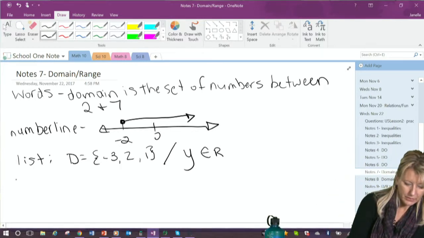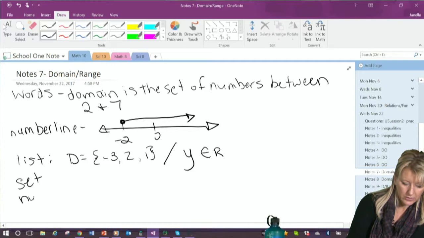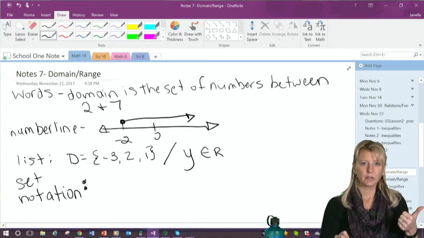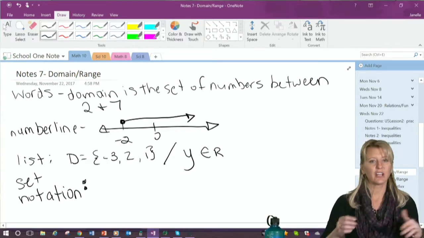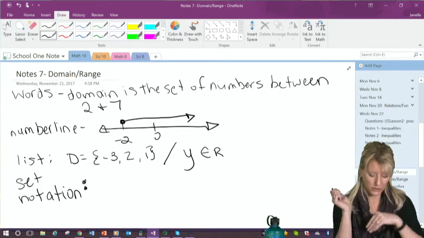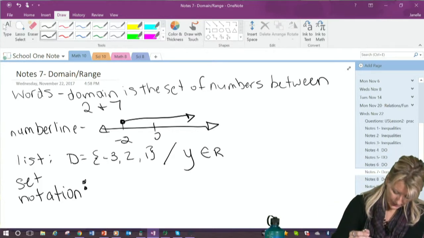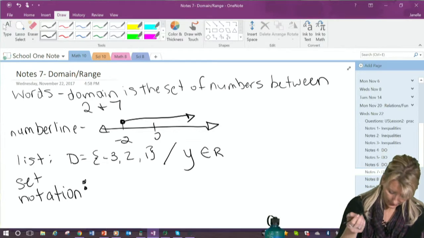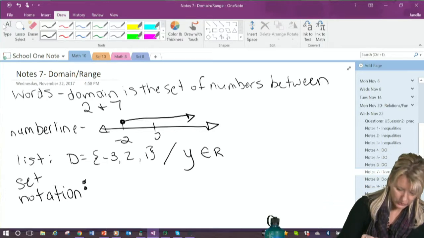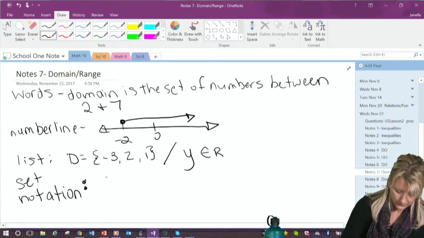Then you can do something called set notation. Words we've talked about, number line we talked about, and a list is just saying exactly what is part of the domain and range. Set notation looks a little more complicated, but I'll show you what it looks like.